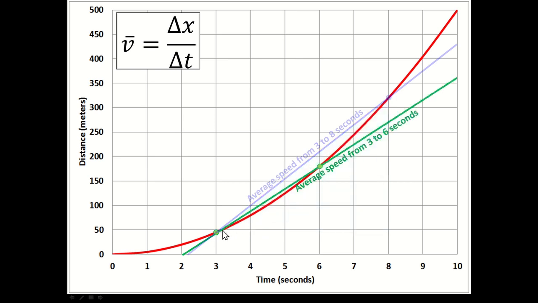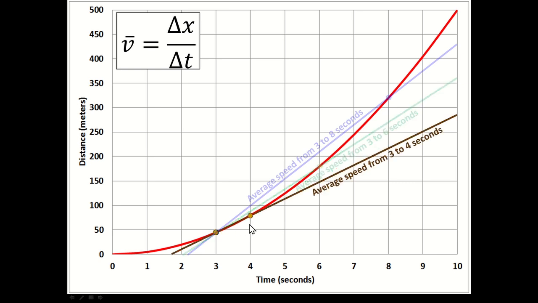And I could get a different average by taking the average of 2 points that are closer together, or 2 points that are really close together. This is my change in position, this is my change in time.